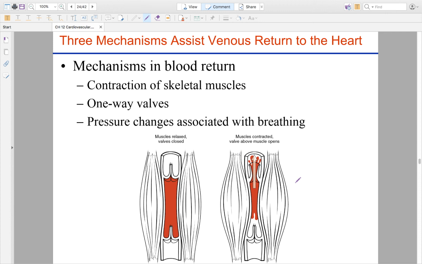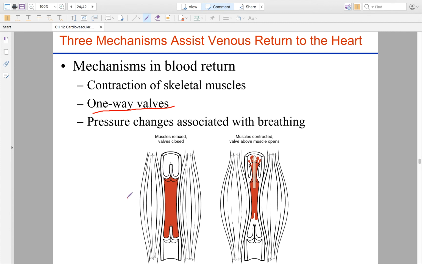Now, when you contract your muscles, that is going to increase the circulation of blood back to the heart, which is a great thing, and that's part of the reason why exercising is so good for the body. And they have one-way valves, such as the valves that we just saw.